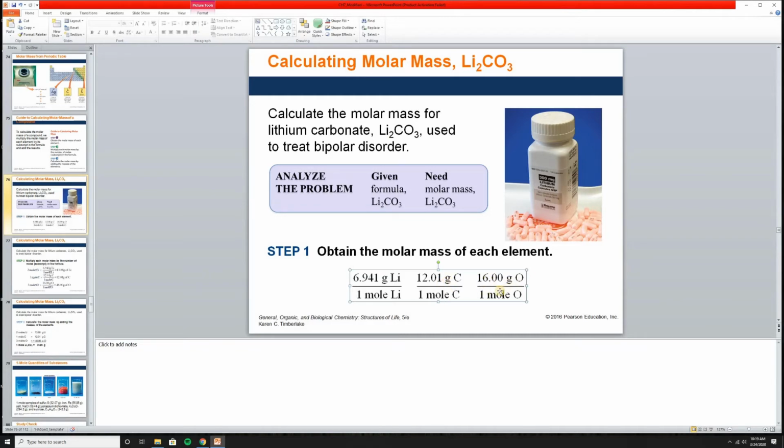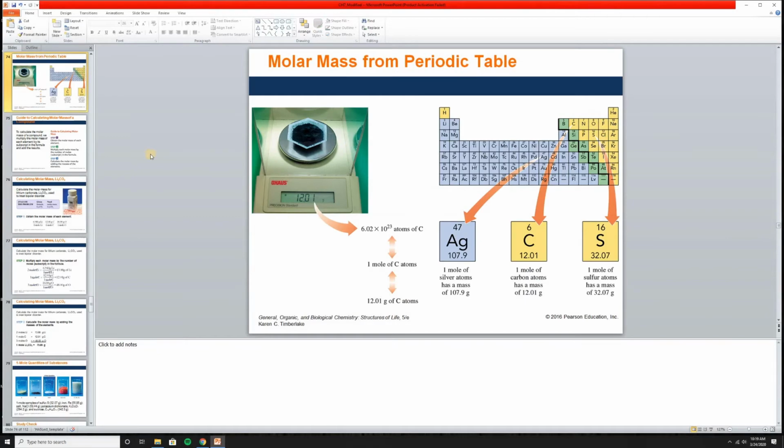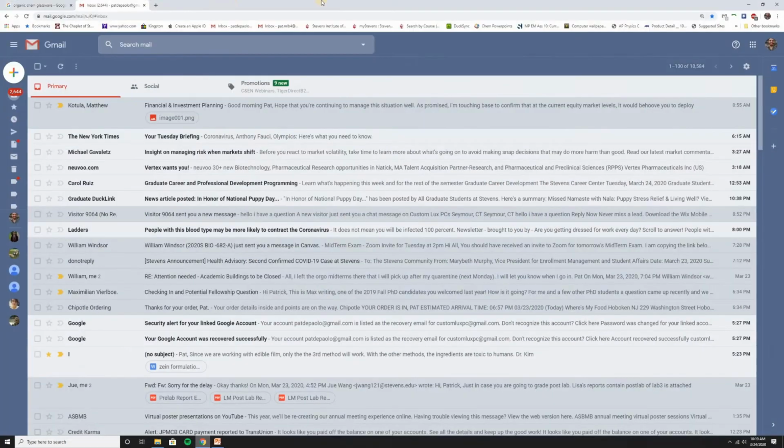For oxygen and other elements it may say 15.99, but when it comes to rounding, if it's something like 0.99, you can round it up. If it's something like lithium, if you're in doubt, don't round it. Let's take a look. I'll get a periodic table up.